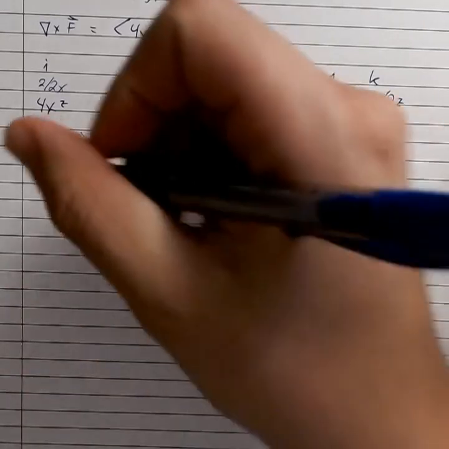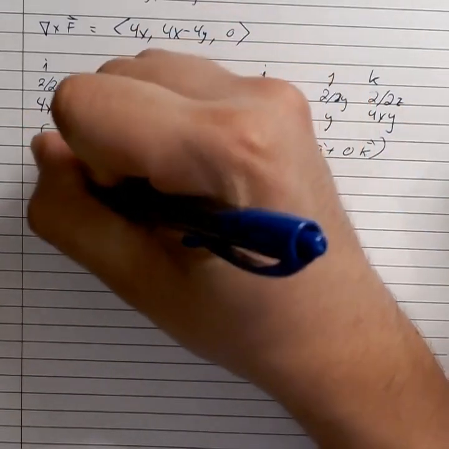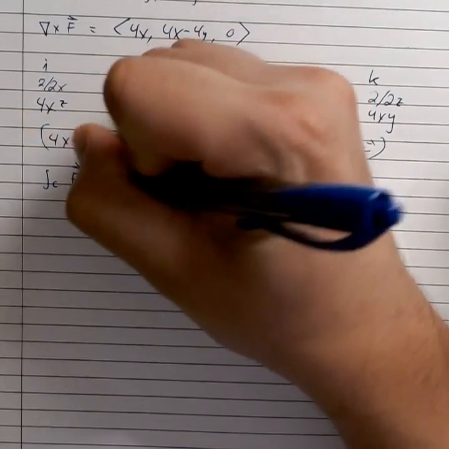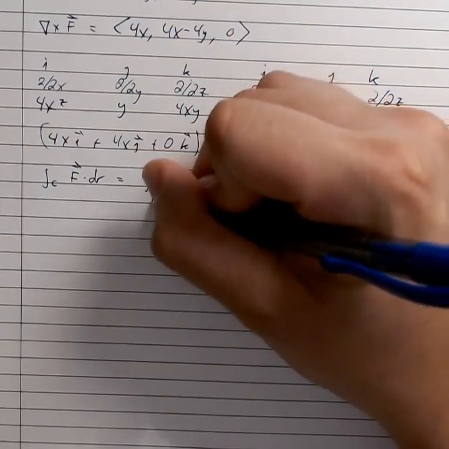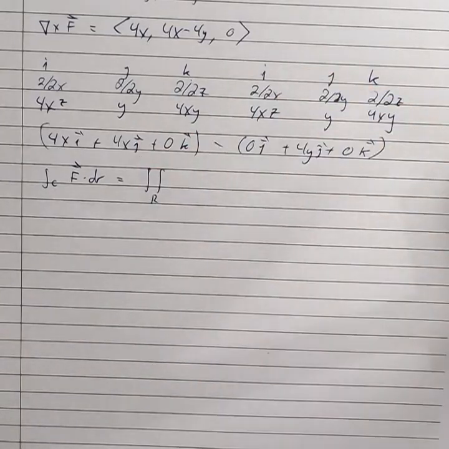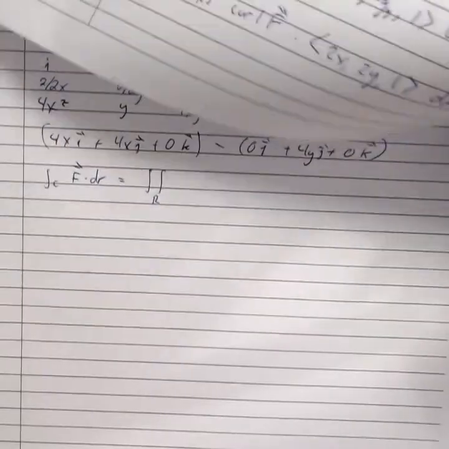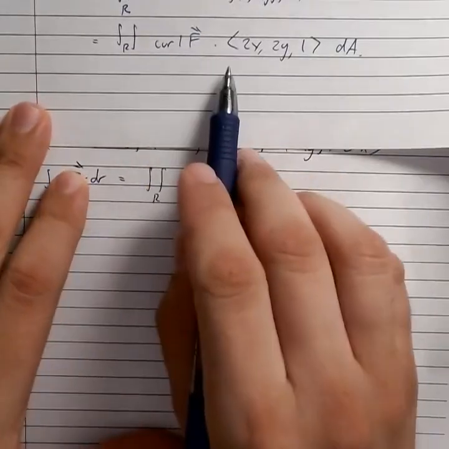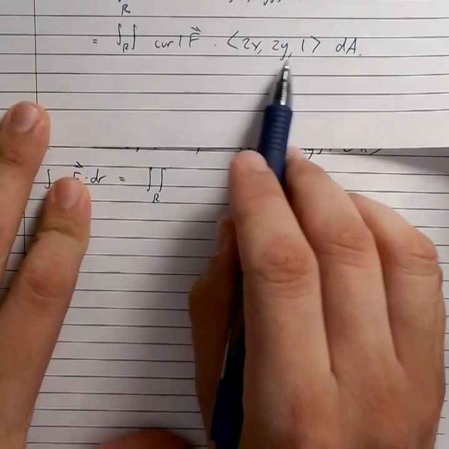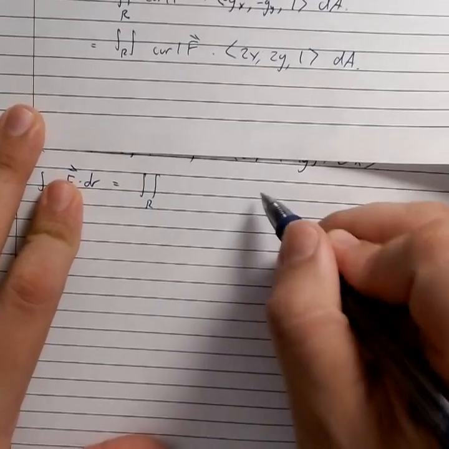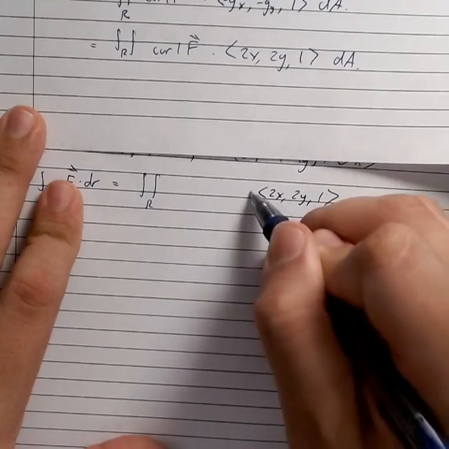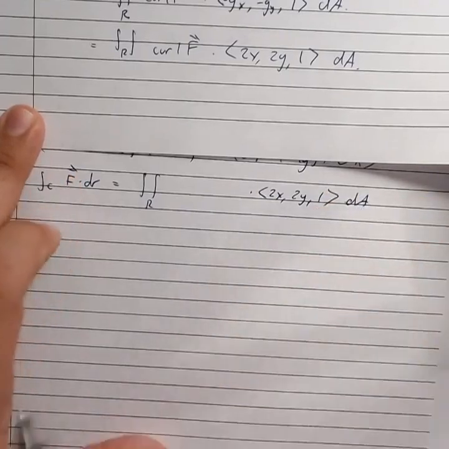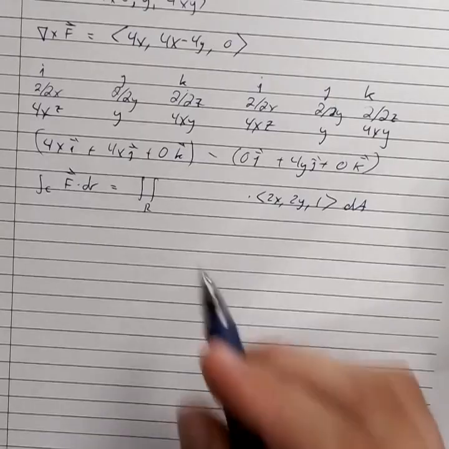So that means that our line integral over C of F dot dr is going to be equal to the double integral over R of, as we left off on the last page, the curl of F dotted with 2x, 2y, 1. But we just found the curl of F, so you can plug that in.